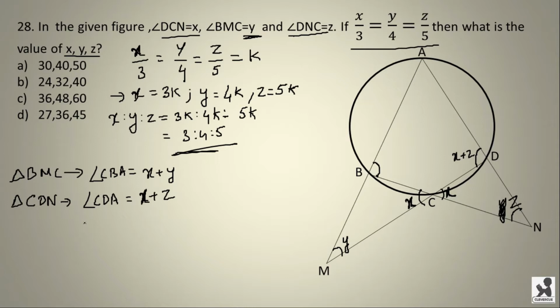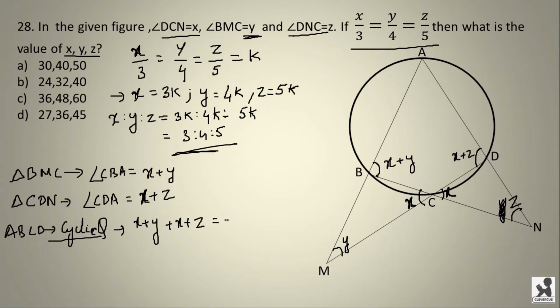Now we can see that ABCD is a cyclic quadrilateral, so the sum of opposite angles will be 180 degrees. Angle ABC is x plus y, so we get x plus y plus x plus z equal to 180 degrees.